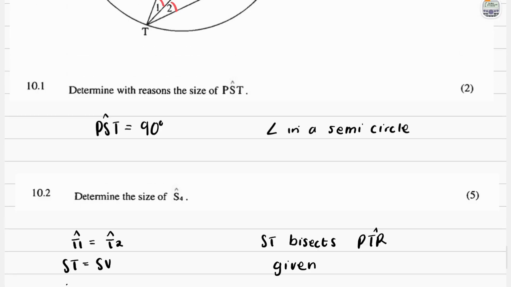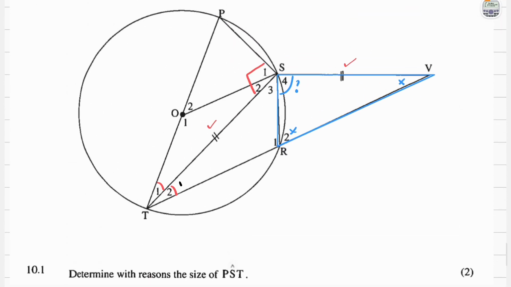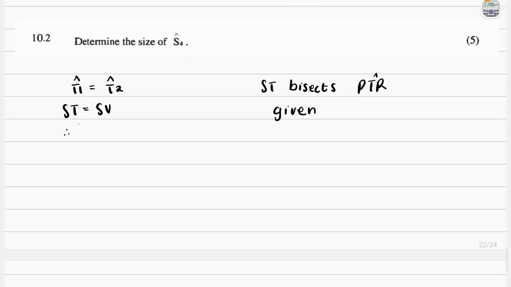Because those are equal, it means that these two angles are equal. So we know now that angle V is actually equal to angle T2. So we'll tell them that angle T2 is equal to angle V, and this is because angles opposite equal sides are equal.